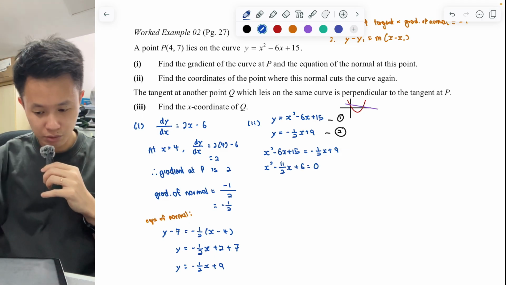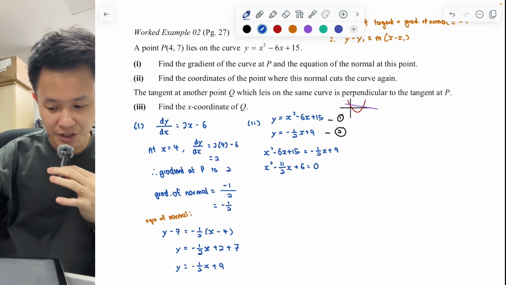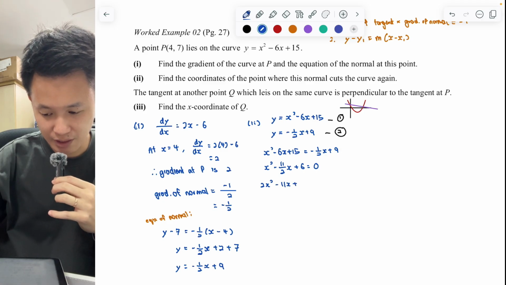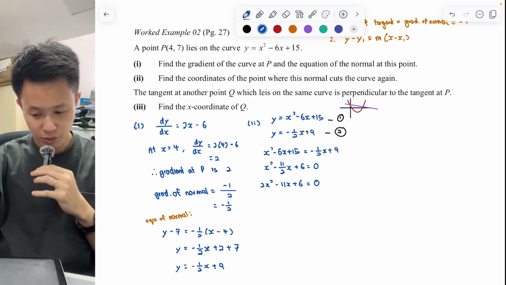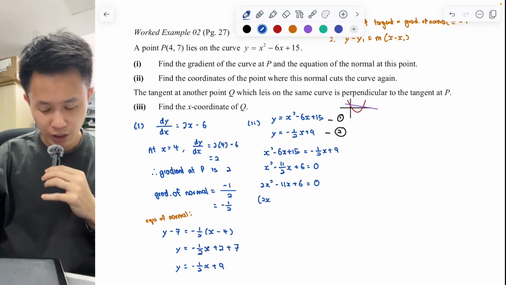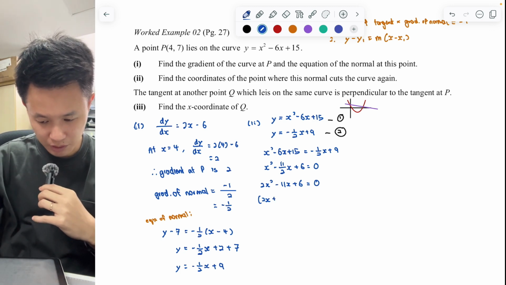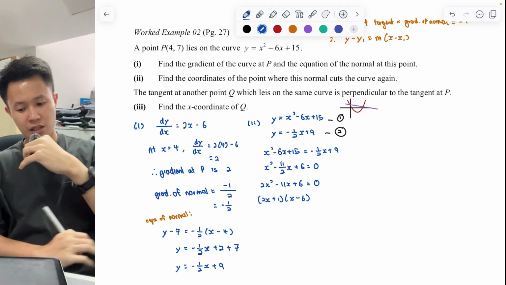From here, I'm just going to multiply by 2 throughout because it's easier. So I have 2x squared minus 11x plus 6 equals 0. I want to solve it by factorization. If I'm not wrong, it will be (2x plus 1)(x minus 6).